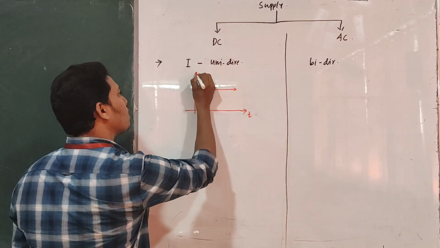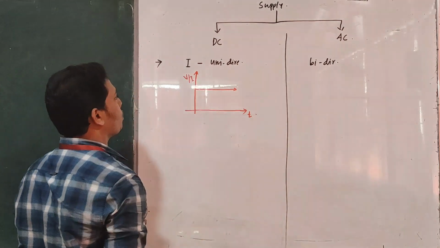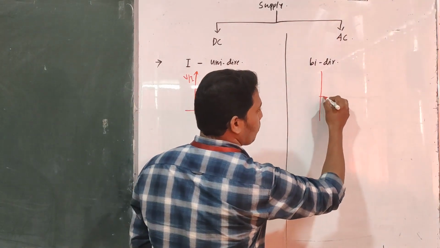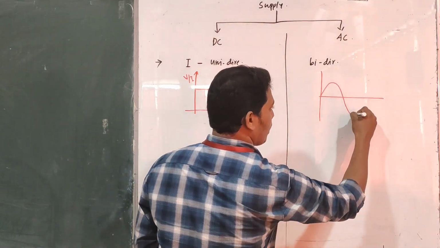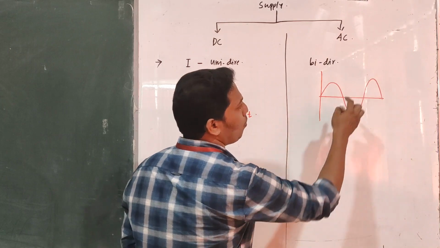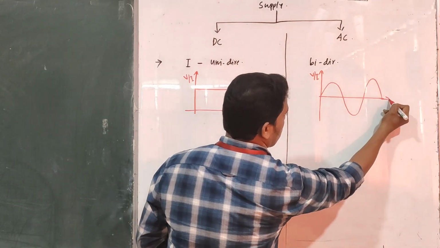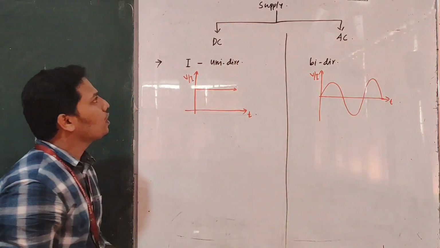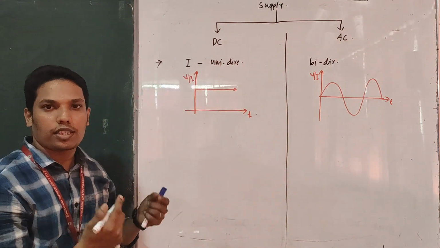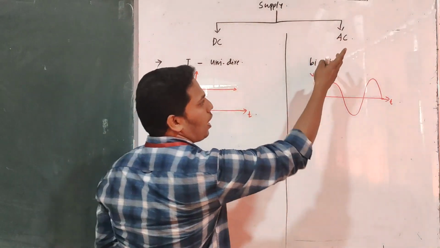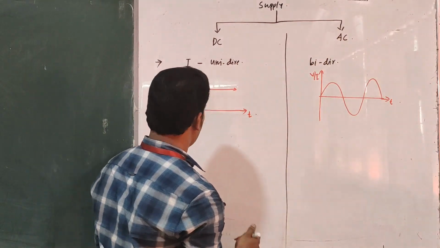This is time and this is the voltage or current magnitude. This is the representation of DC. But in the case of an AC supply, it is an alternating current, so both the 1st and 4th quadrants are used. DC means a direct or unidirectional current, but AC means a bidirectional current.